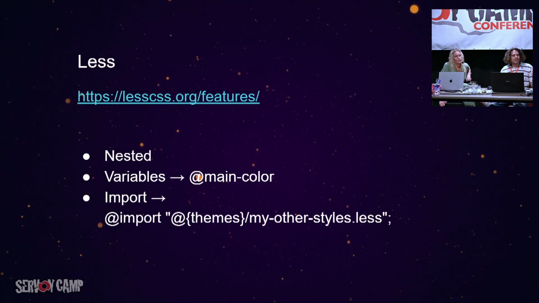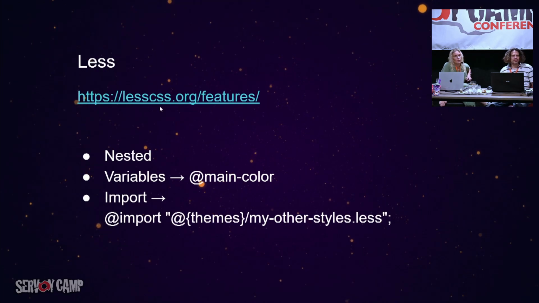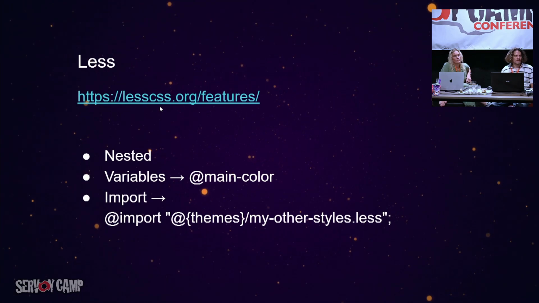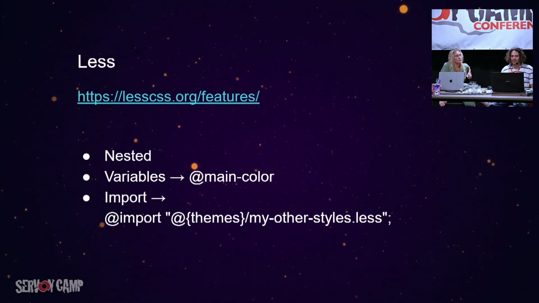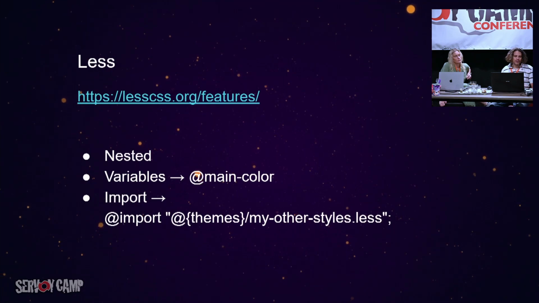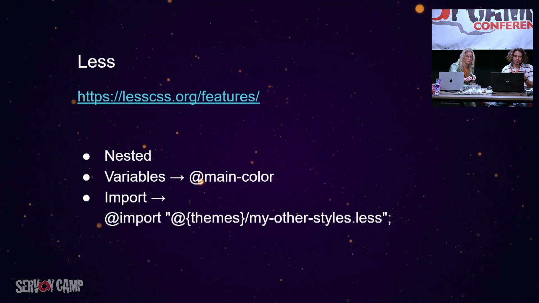So you can do a lot of nice things in Less. Go to the website. You have some explanation of really nice features like nested coding, so you don't have to repeat yourself, and you can create nice looking CSS variables. They always start with the @, so you can use, like, the main color.